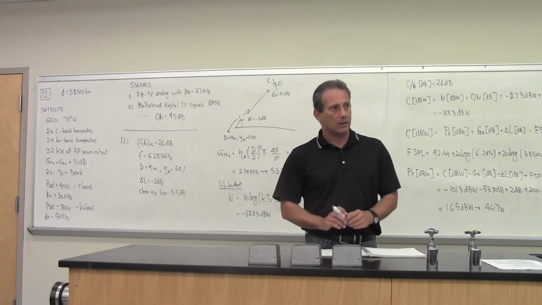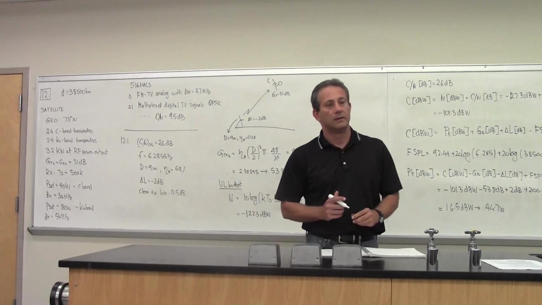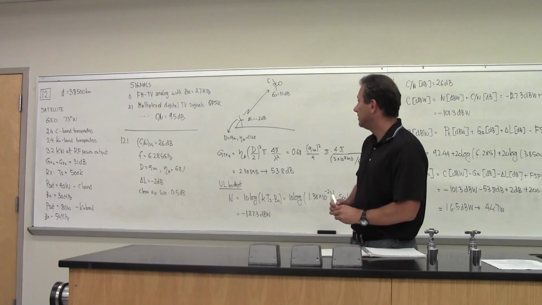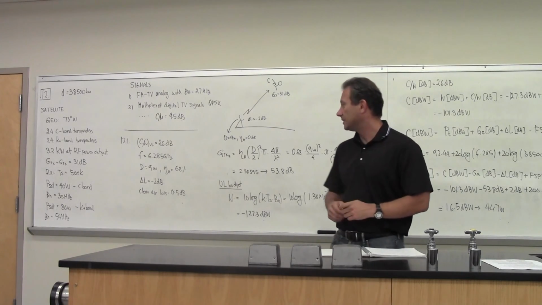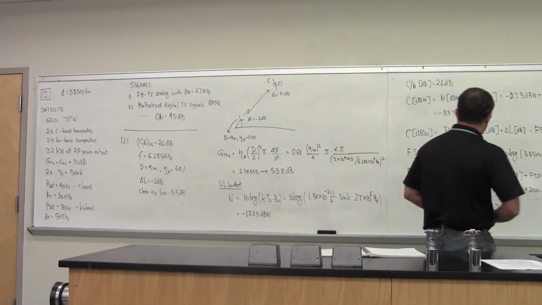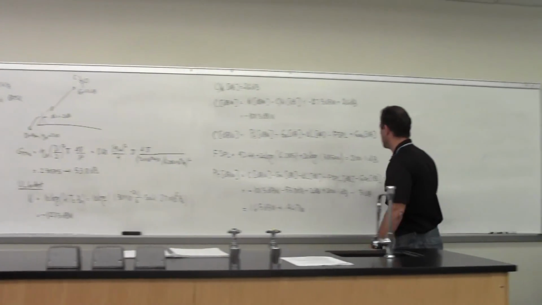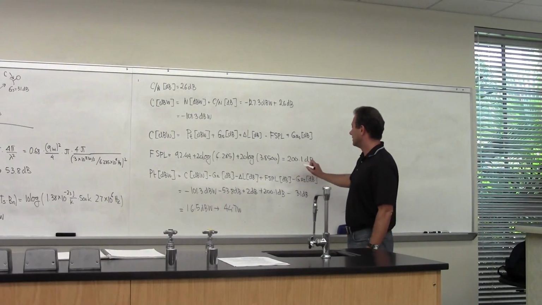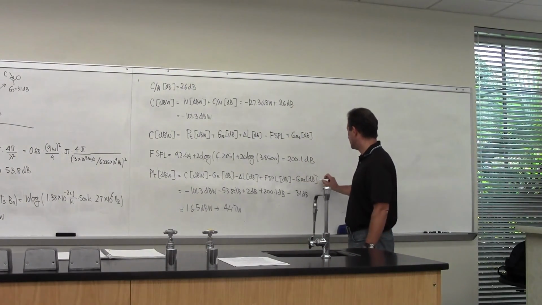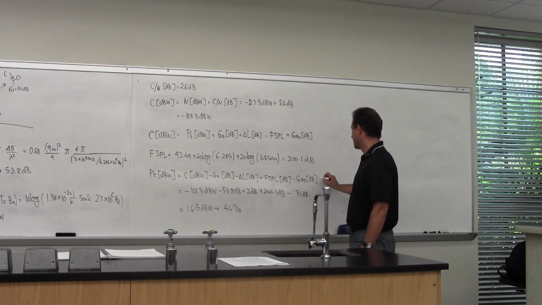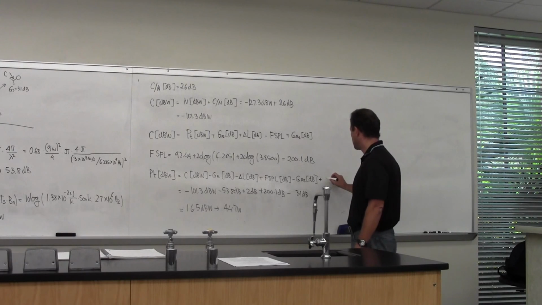What about considering the air loss, 0.5 dB? 0.5 dB, I might have forgotten that as well. So there's a free space loss, plus I need to add here the clear air loss.